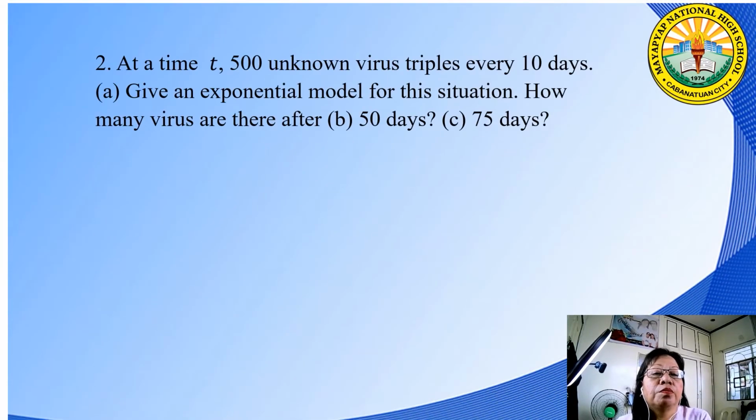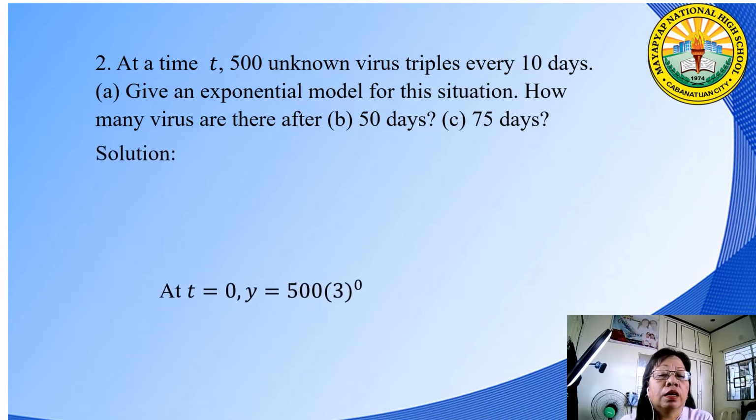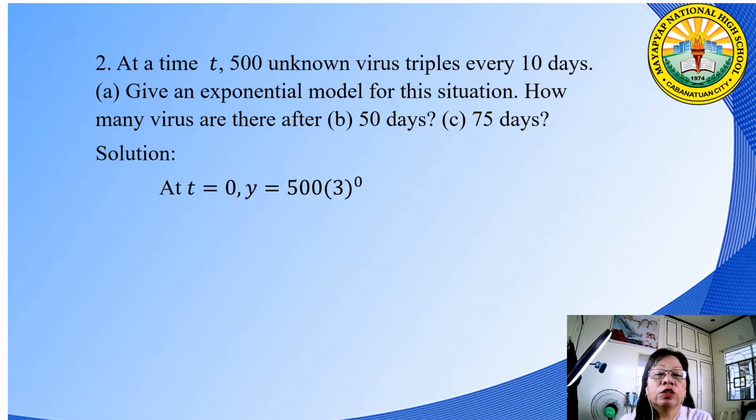Problem number 2. At time T, 500 unknown viruses triple every 10 days. A. Give an exponential model for this situation. B. How many viruses are there after 50 days? C. After 75 days. At T equals 0, y equals 500 times 3 raised to the 0.